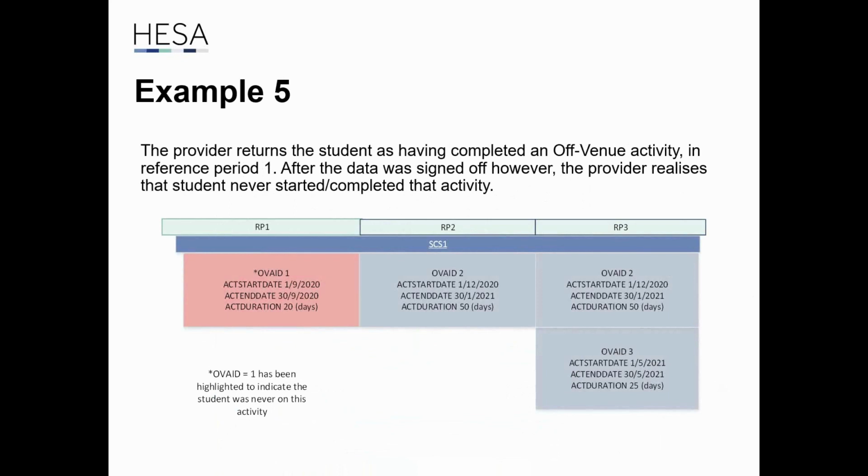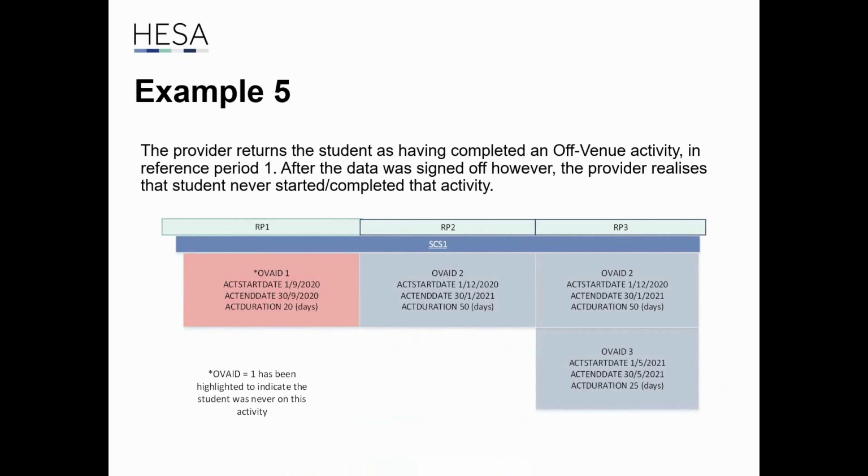So you can see in reference period 1, they returned that off-venue activity. Then in reference period 2, the provider realized that they made a mistake, so omits OVA ID 1 from their return, but they actually did another placement. So they've popped that in there.